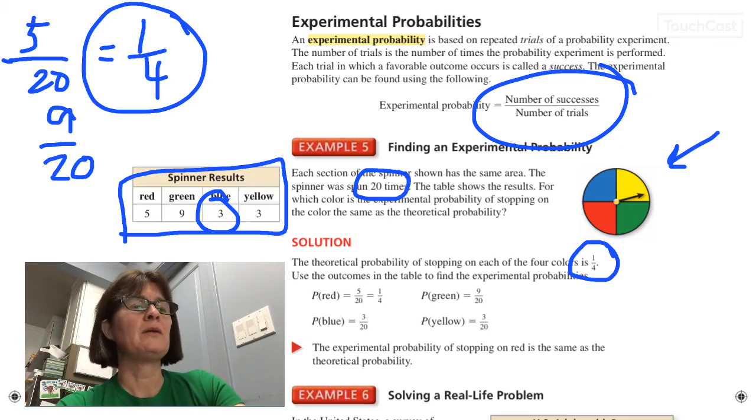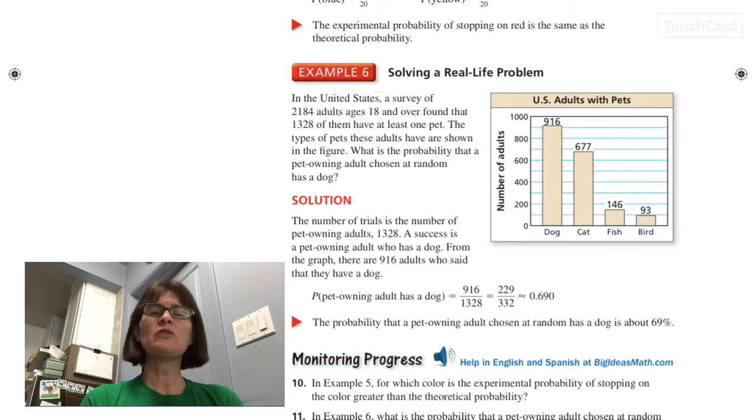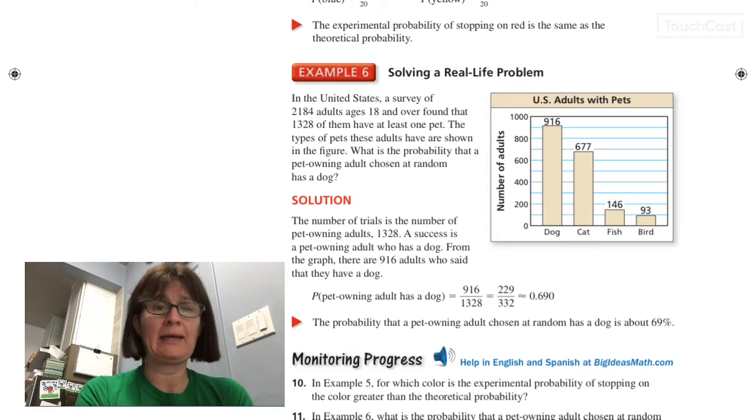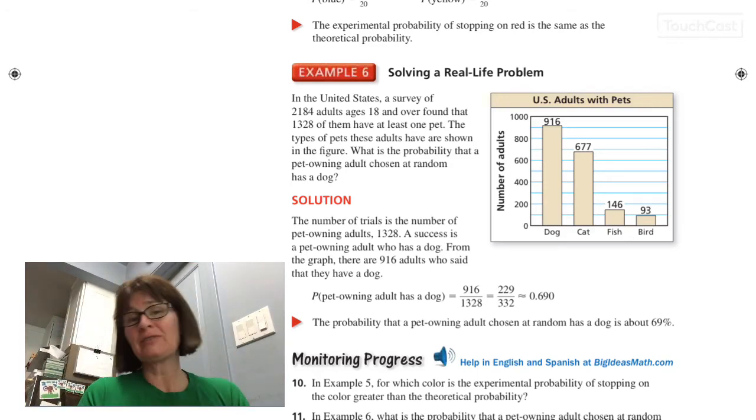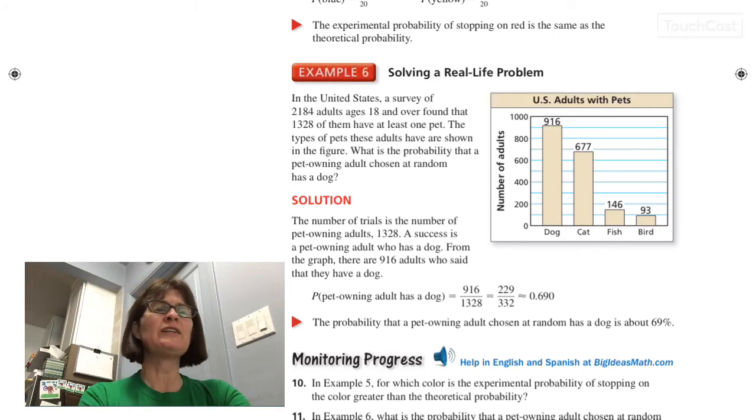So how does that show up? So the whole reason we collect data and do experiments is because we want to try to make a conclusion. We want to try to make a prediction, a guess about something that's true, most of the time about a population. So here's an example. I interviewed a bunch of people and asked if they have a pet.